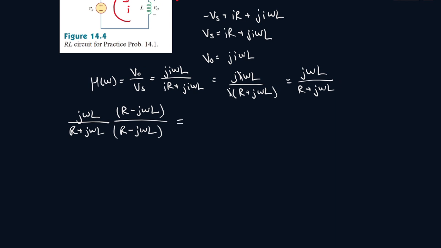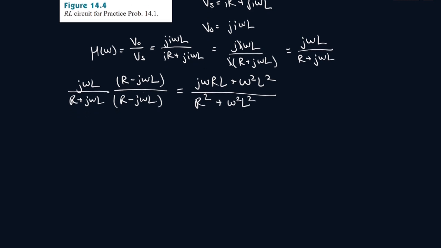So this will pretty much equal JWRL plus W squared L squared. Remember how complex numbers work. J times J is minus 1. Then we have this minus here, and then it's R squared plus W squared L squared.